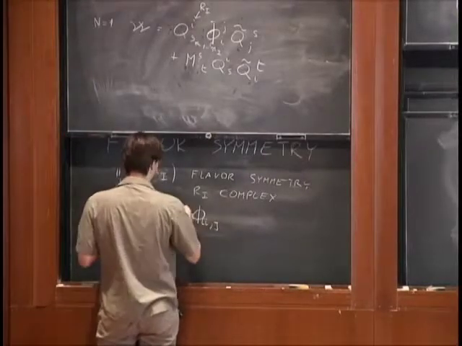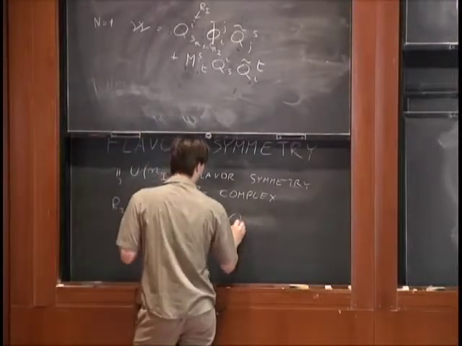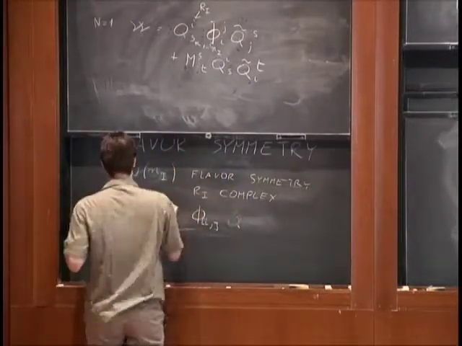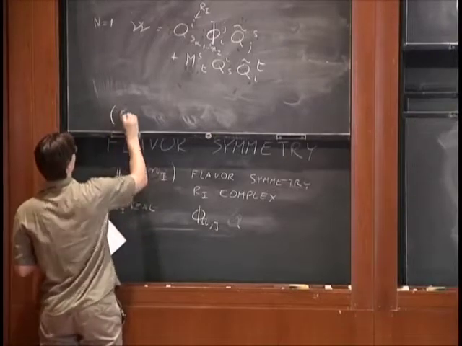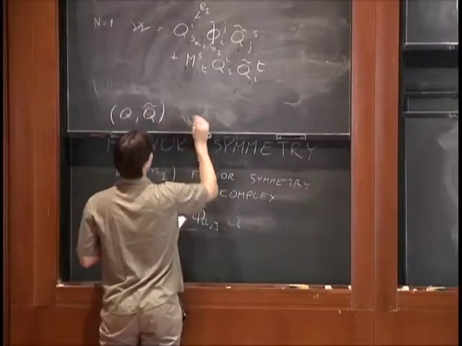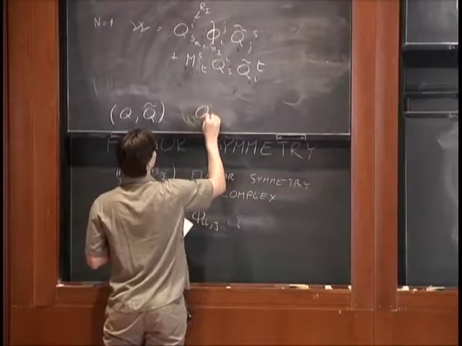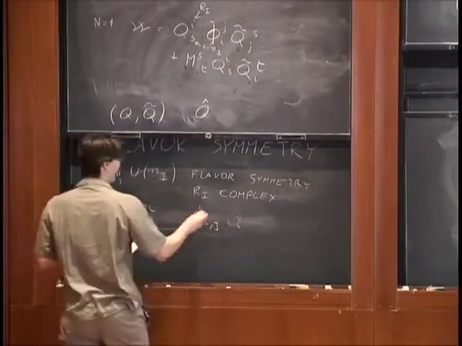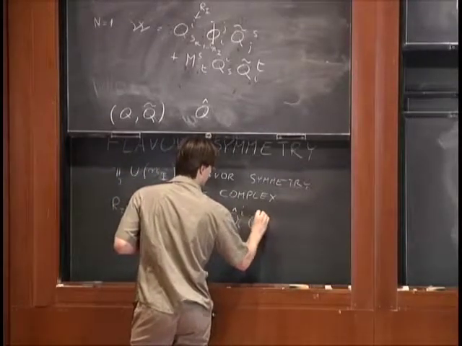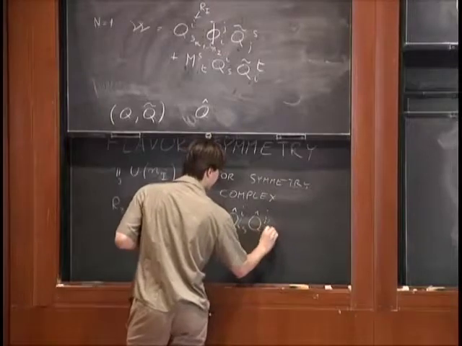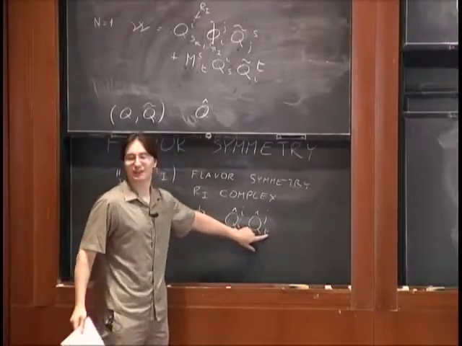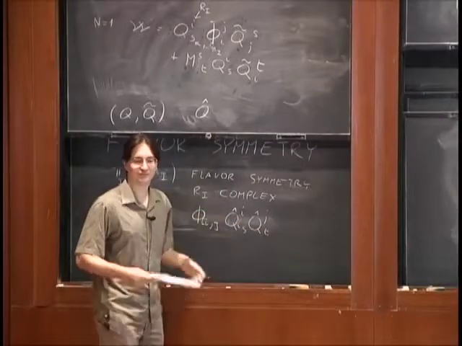If you combine Q and Q tilde and call them, I don't know, Q check, then you need something antisymmetric to contract the flavor indices.